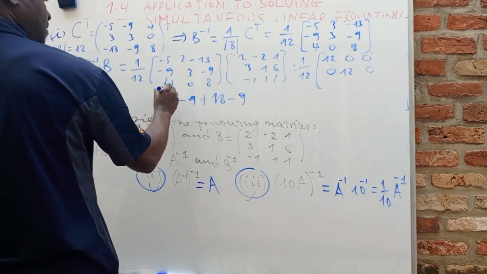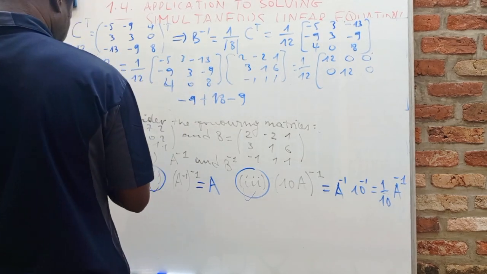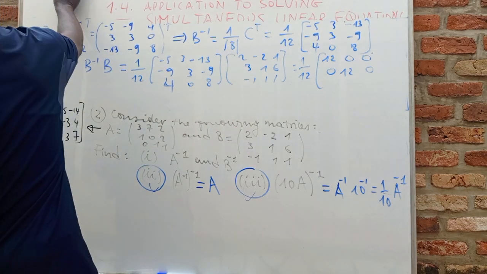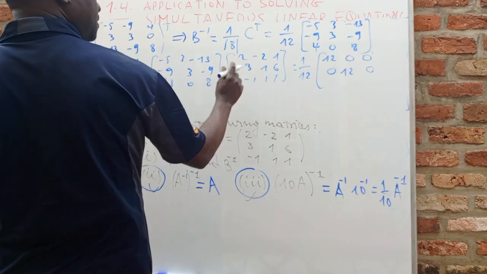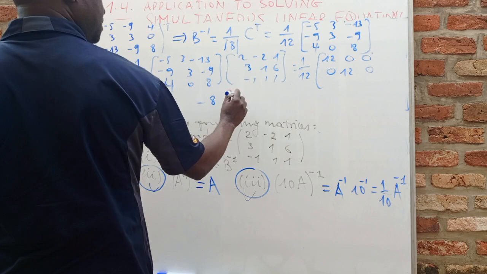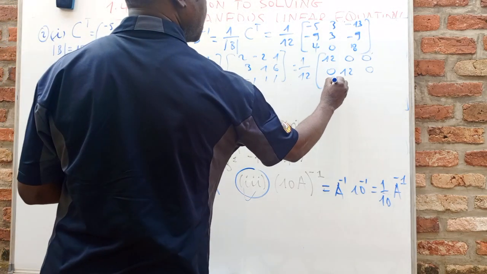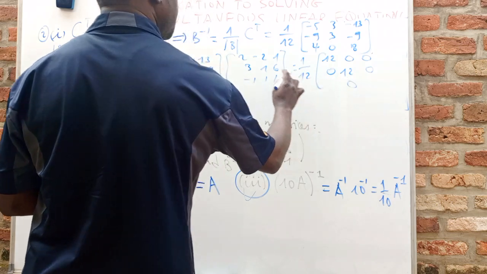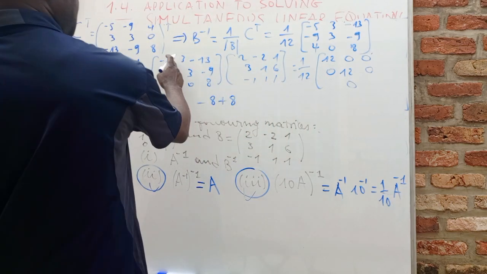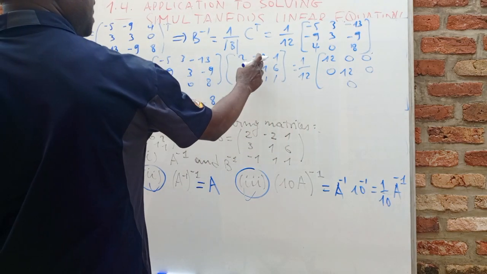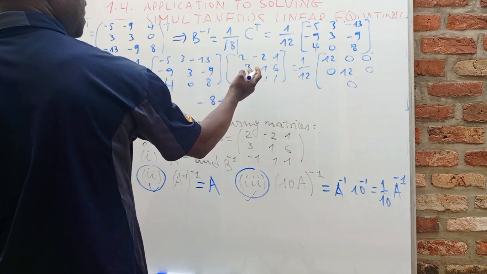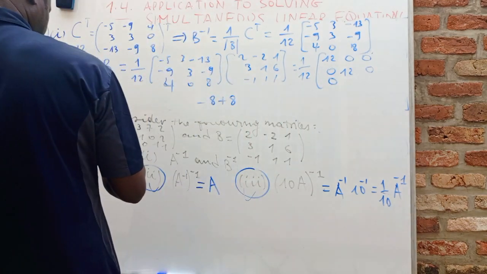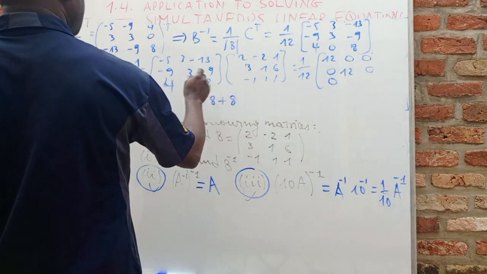So last row, let us work on the last row. 4, negative 8, positive 8, 0. What did I use? No, I used this. That's correct. That's 0, because 0 times 3 is 0.